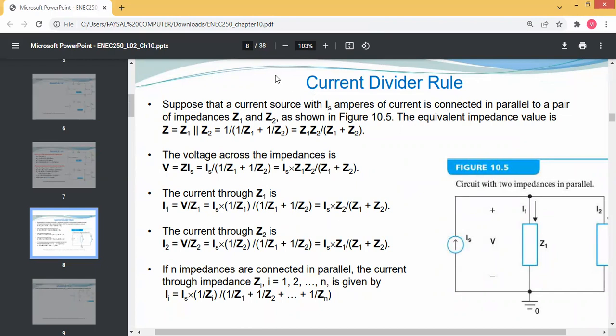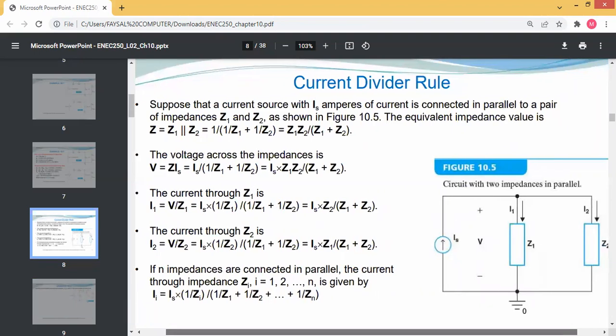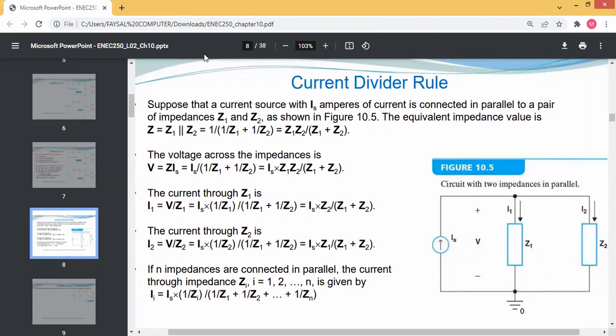So both are in parallel. Z1 is parallel to Z2. So it will be 1 over (1 by Z1 plus 1 by Z2). So this is the value of Z.